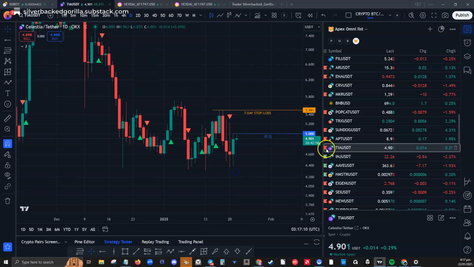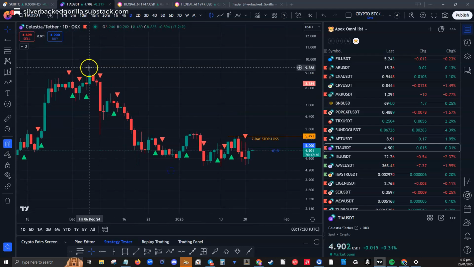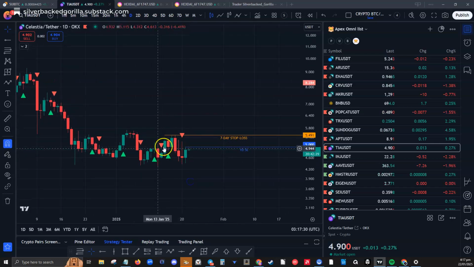Zooming out, I mean, obviously the overarching trend is down. We've got this lower high. Just go like this. So there's the high, there's a lower high, a higher high. It seems like it could be a rounding bottom, so it could basically just go up and down all the way through here and just end up resolving to the upside.